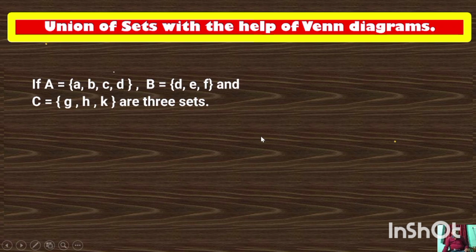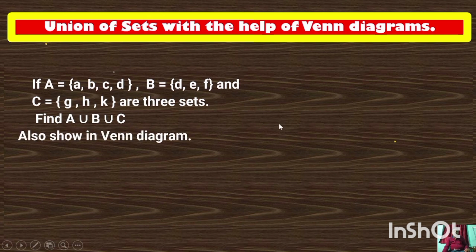We can take the union of more than 2 sets also. Here find A union B union C, which is the combination of 3 sets. According to the definition, the union set means all the elements of A, B, C are taken while forming the union set of A, B and C.